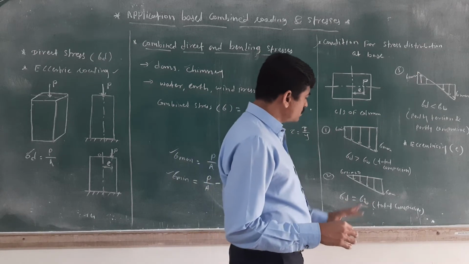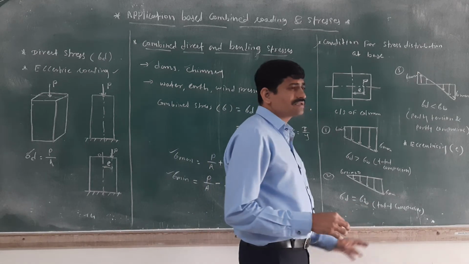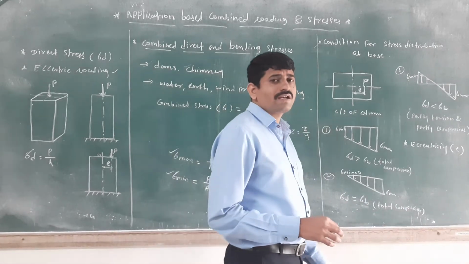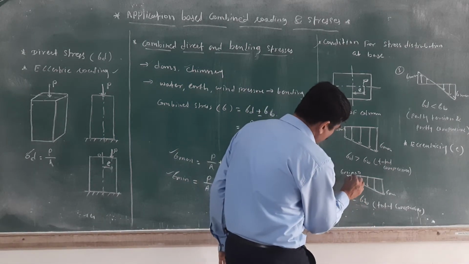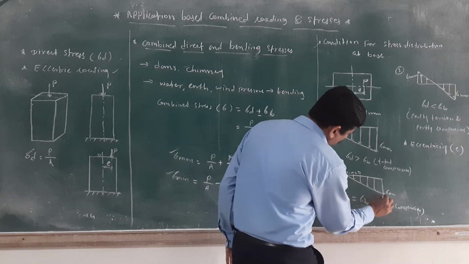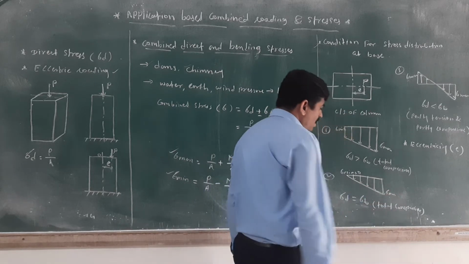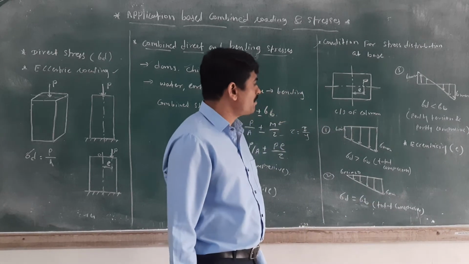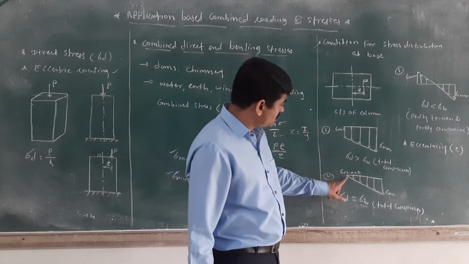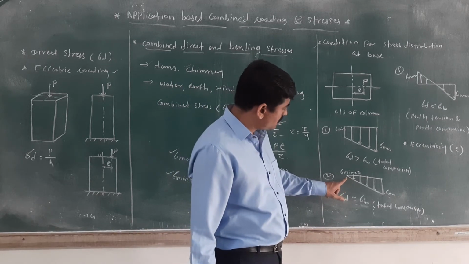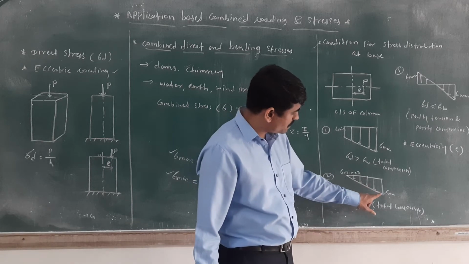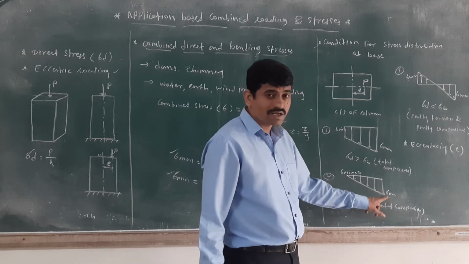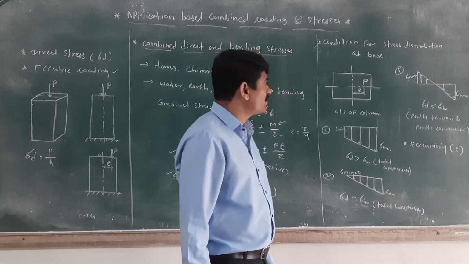Sigma D is equal to sigma B, and the stress distribution is again totally compressive. Sigma minimum is equal to 0, then the stress slowly increases, and here you will get the sigma maximum value.